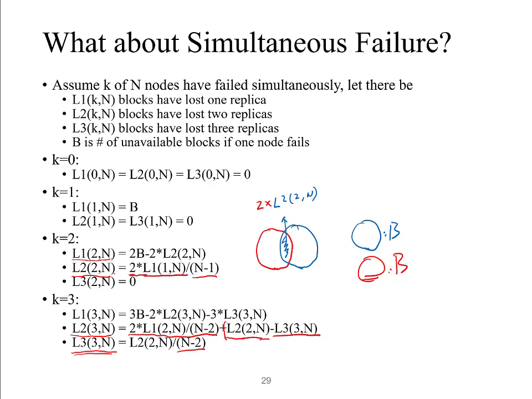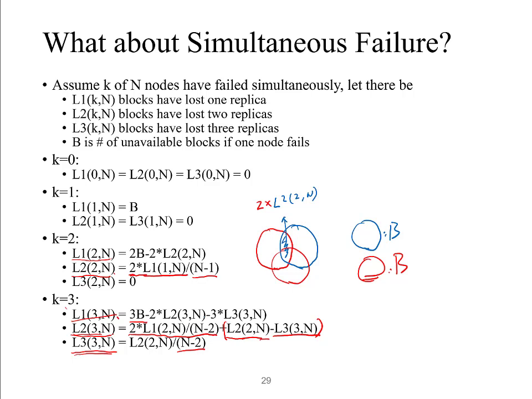So L2 minus L3 is those old blocks that have lost 2 replicas, but have not lost the third one when a new node, the third node, fails. That's how you get L2 here, and L1 here is similar. So you've now got 3B, because you have one more node, and you minus 2 times L2 minus 3 times L3. So that's basically the idea.